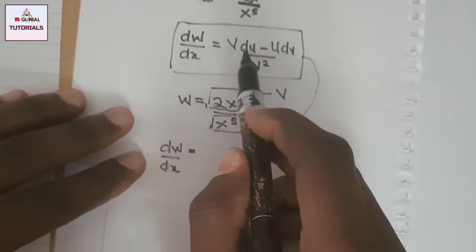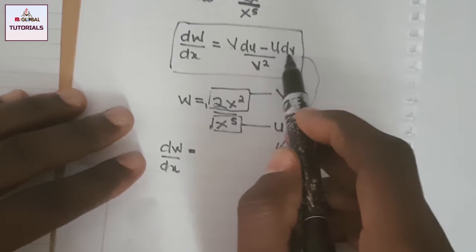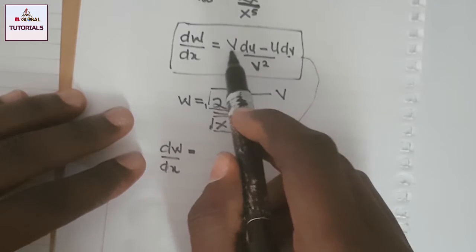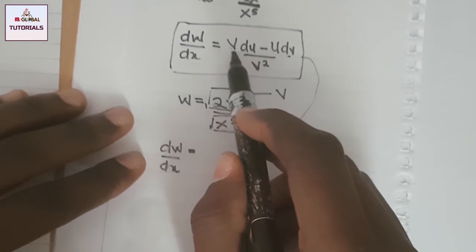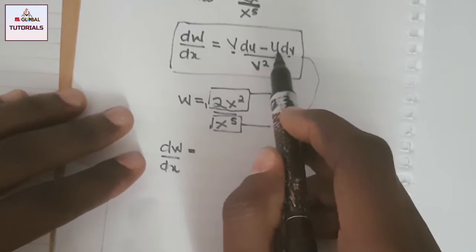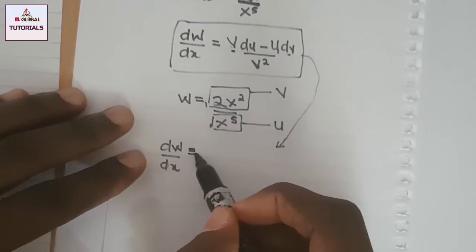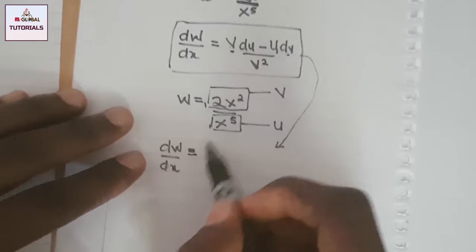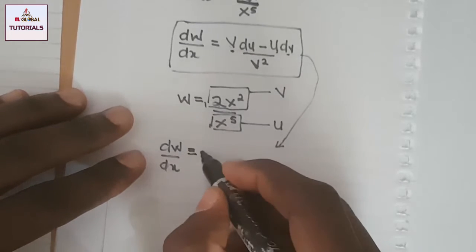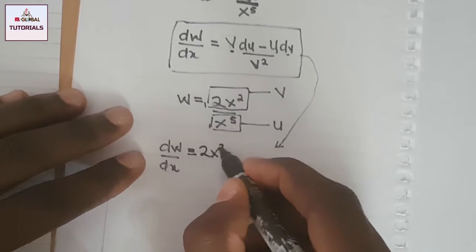And the du means you are differentiating. The v here means you are just maintaining it as a constant. So we take v, and the v here is 2x squared. So we put 2x squared as a constant.